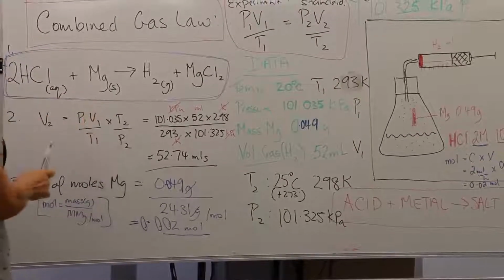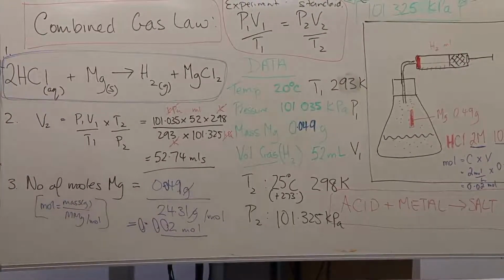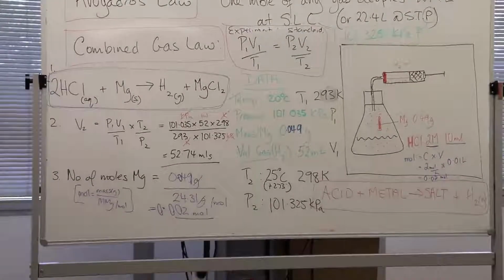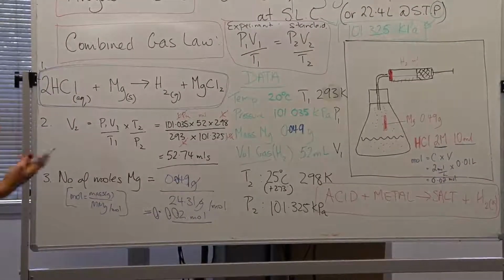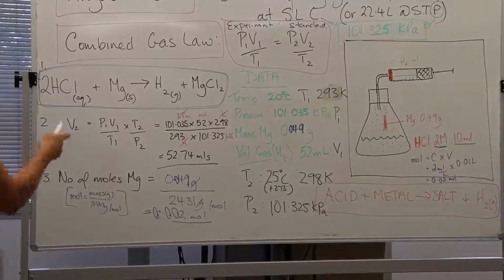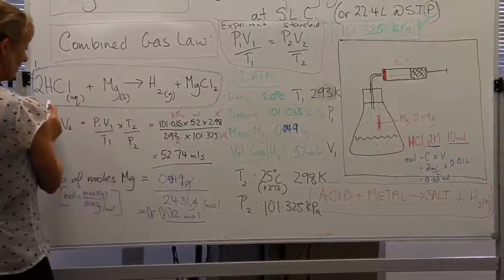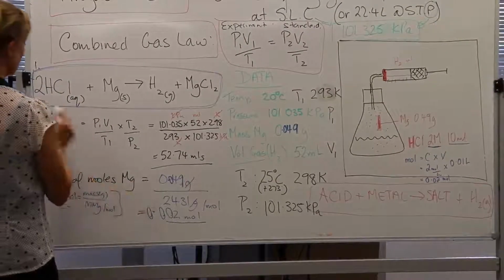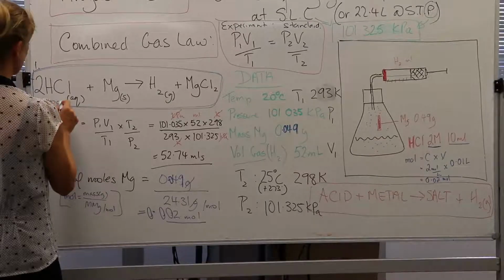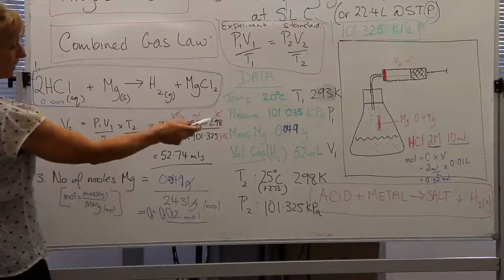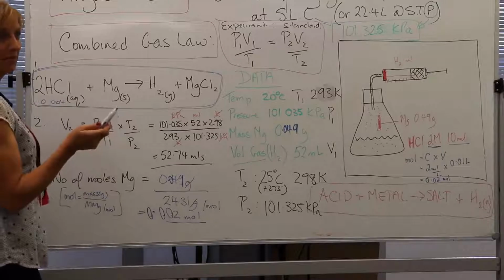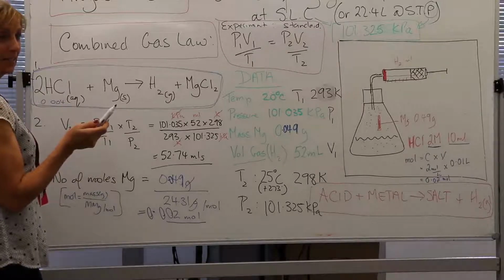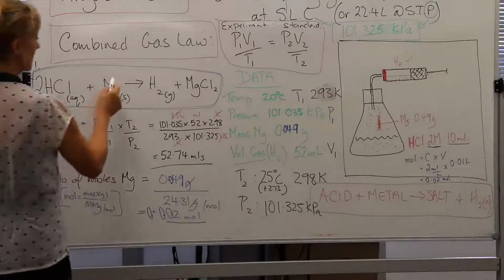But which one's the limiting reagent? Which one's going to run out first? Magnesium. Yes, because all we need of the hydrochloric acid is double that, isn't it? We need 0.004. We've got 0.02. We've got a massive amount of hydrochloric acid. Can you see that? So this is the limiting reagent.